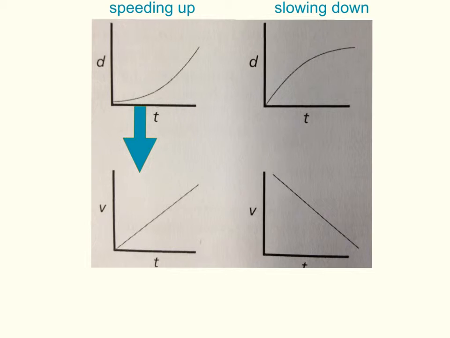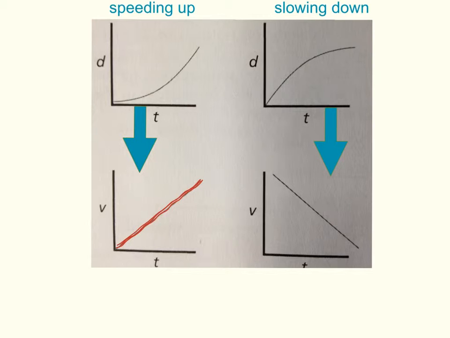Since the position time graph shows that the object is speeding up, that means the velocity is increasing. A line that is angled upward on a velocity time graph shows an increasing velocity. The velocity is getting greater as time goes on.